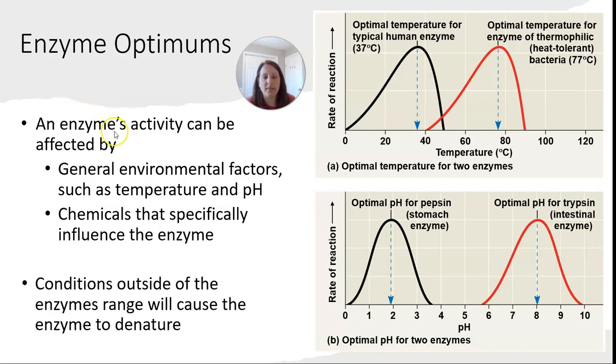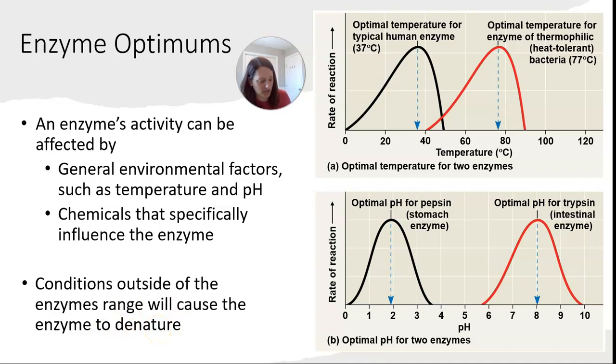So again, an enzyme's activity can be changed by general environmental factors like temperature and pH. There are also chemicals that can influence enzyme activity. And we'll talk about some things here a little bit later in the presentation. And again, conditions outside of the enzyme's optimal range will cause the enzyme to not function, and that might be due to denaturation. We'll talk about denaturation now.